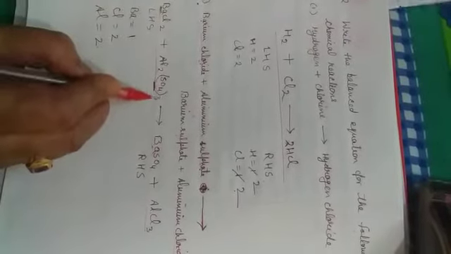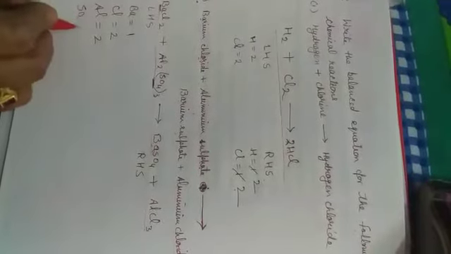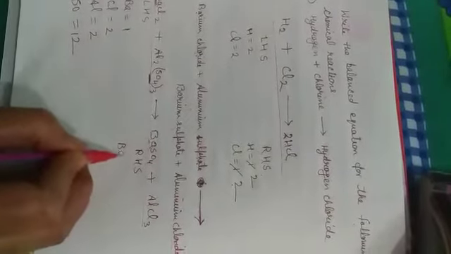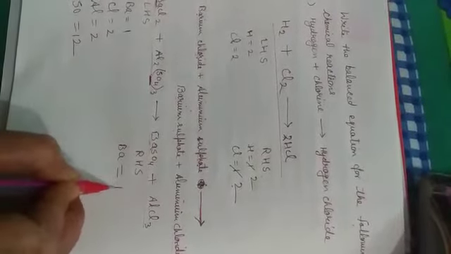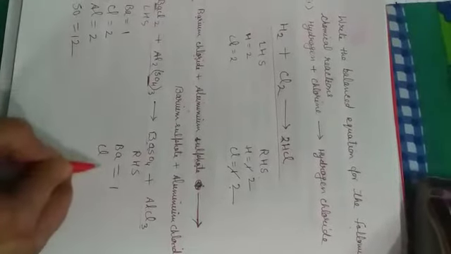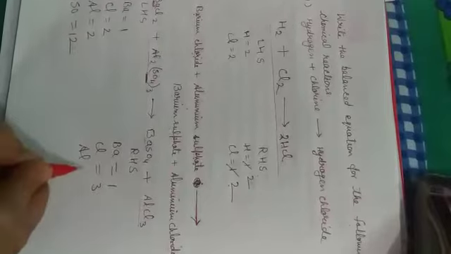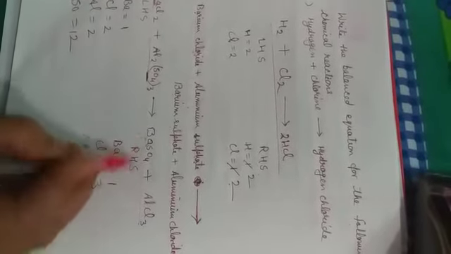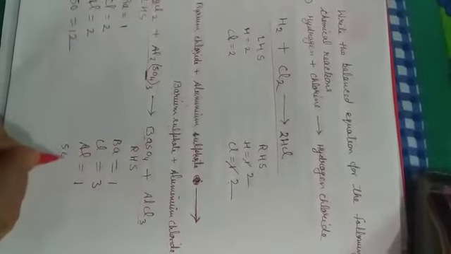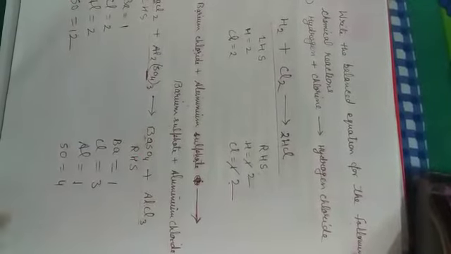So SO4 atoms are 12. This side barium atom is 1, chlorine atoms are 3, aluminium 1, and sulfate are 4.